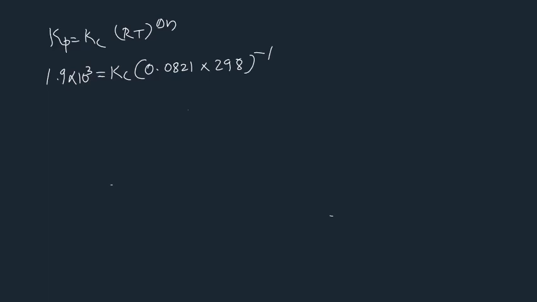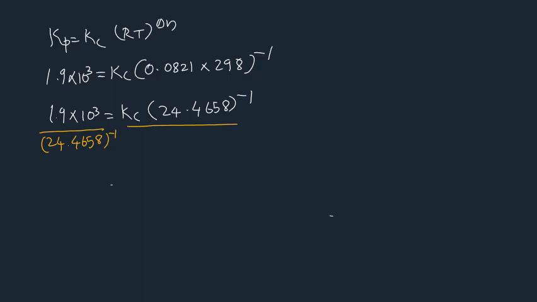So we can write 1.9 times 10 to the power 3 equal Kc times 24.4658 to the power -1, and then we can divide on both sides by 24.4658 to the power -1 to simplify. Right? Okay.